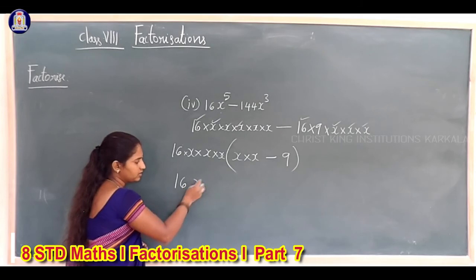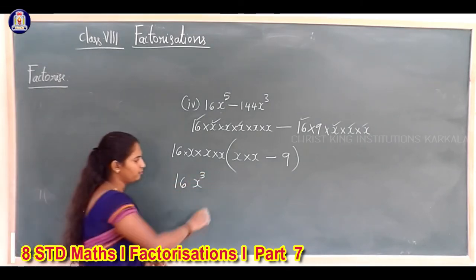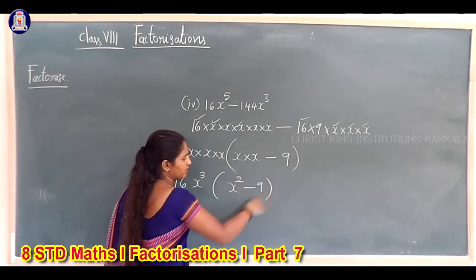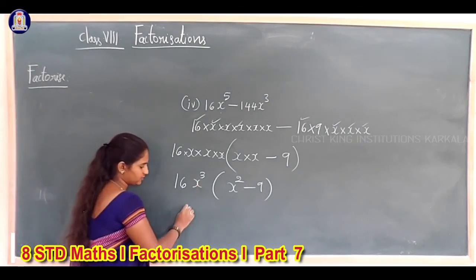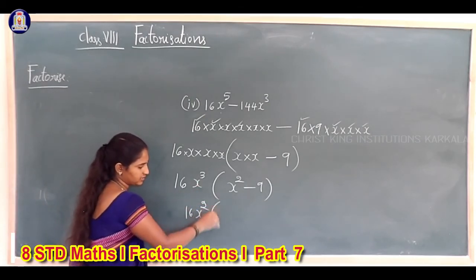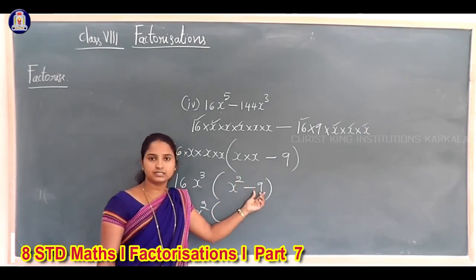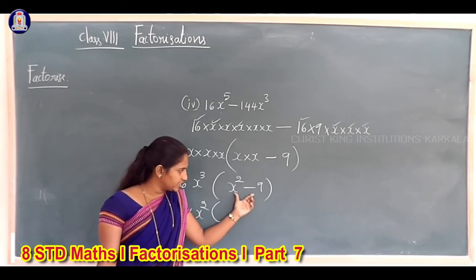How many times? 3 times. So we can write x power 3: 16x cube into x square minus 9. So if you take 16x cube outside, the remaining terms inside the bracket are x square minus 9. So again we can use one identity here.